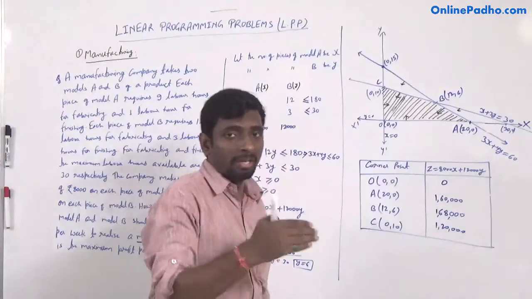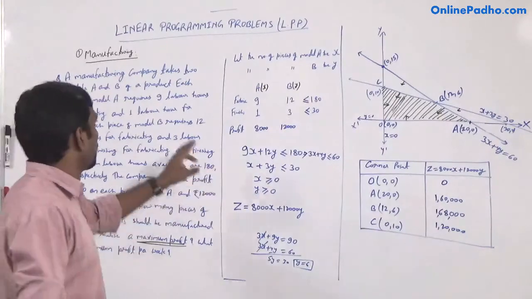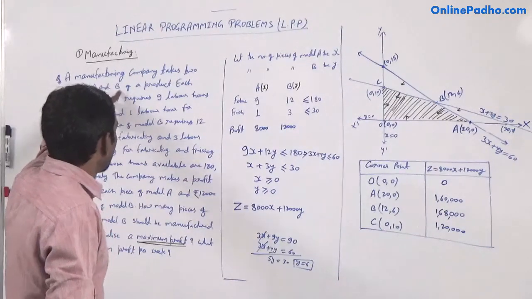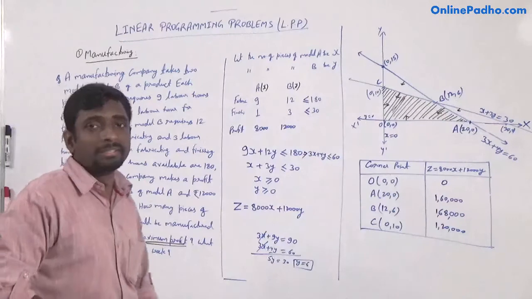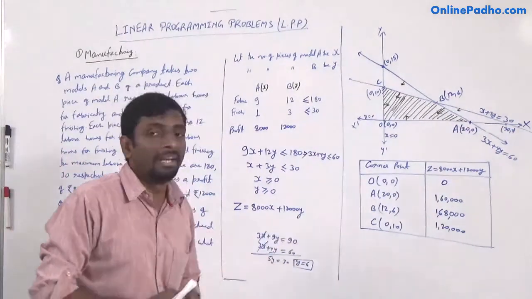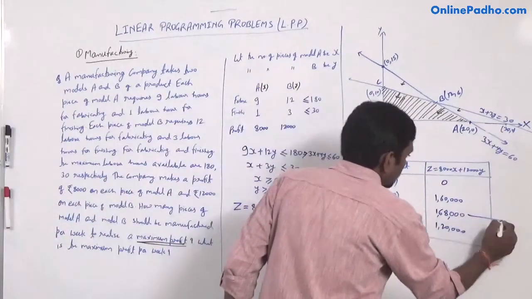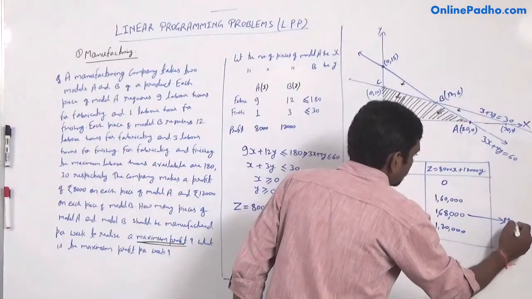Means when this manufacturing industry produces 12 units of product A and 6 units of product B, then they get the maximum profit 1,68,000. Right? So we can say that this is the maximum.